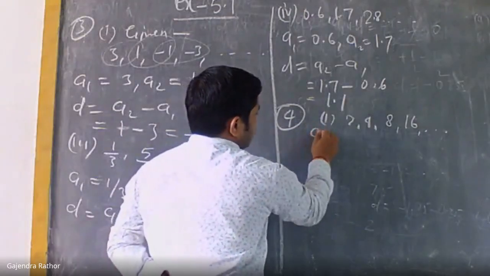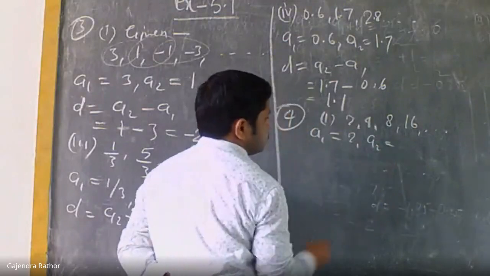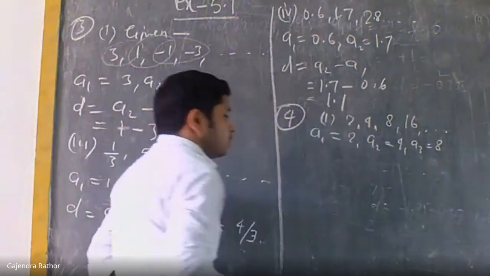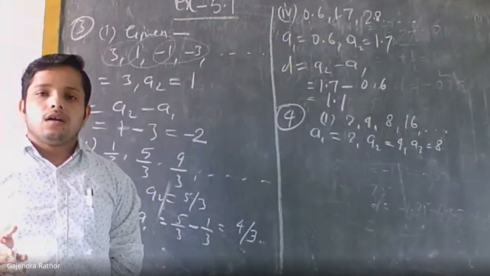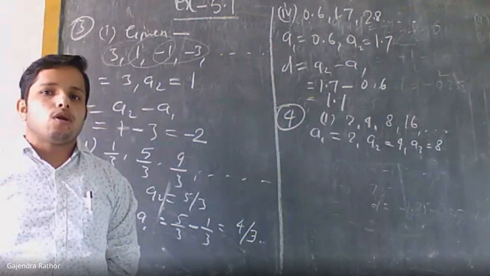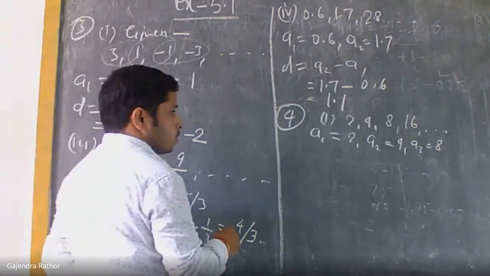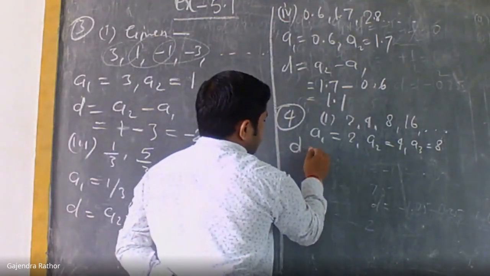So here, A1 is equal to 2, A2 is equal to 4, and A3 is equal to 8. The second point is, not by just simple observation can we identify whether this is an AP or not. We need to find the common difference properly. So first D.